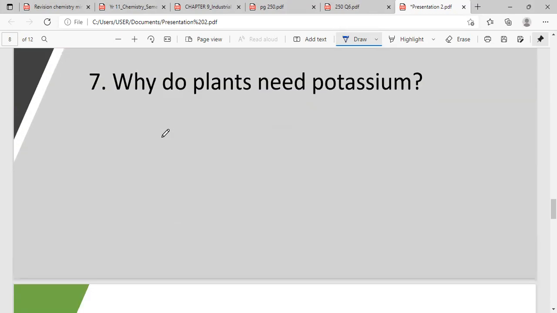Why do plants need potassium? I do see a few answers. Optimal growth, support growth. Now these answers are quite general, students. We learned that nitrogen is needed for healthy leaves. Phosphorus is needed for healthy roots. So what is the specific need for potassium?